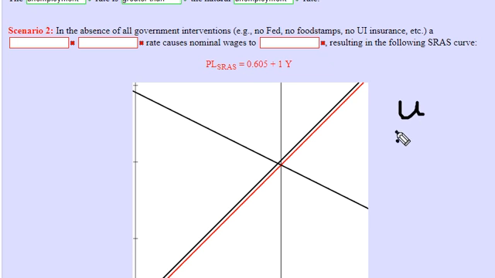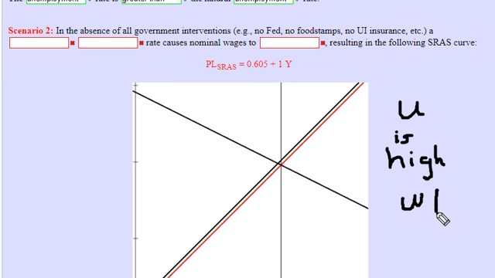When unemployment's high, that means what? People are looking for work. They're desperate. There's no food stamps, no unemployment insurance. There's nothing to stimulate the economy.